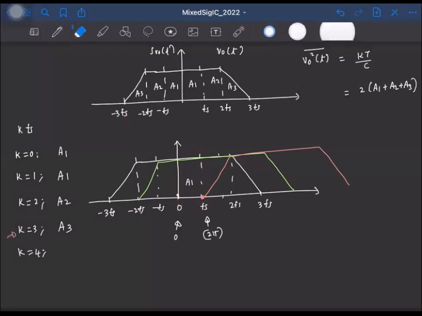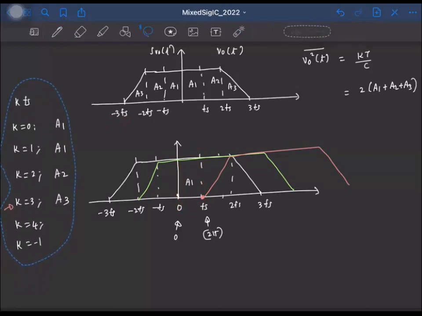Okay. So now we need to also take negative values of k, right? So what will happen if I put k equal to minus 1? So let me shift this up. So if I put k equal to minus 1, the spectrum will get shifted to the left, right?